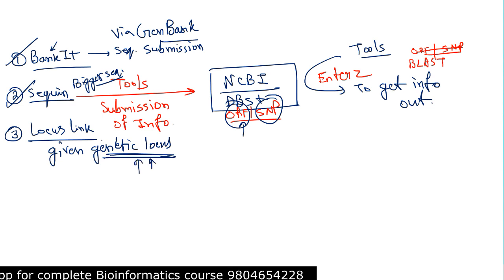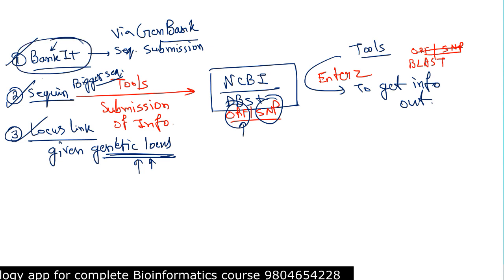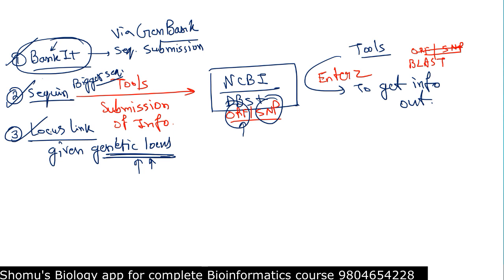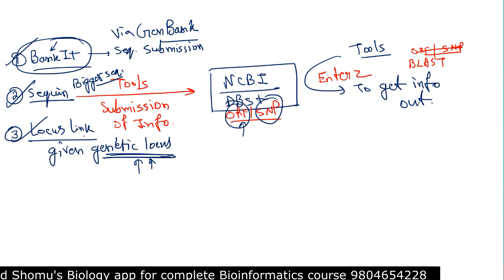If that information needs to be submitted, we'll do that via LocusLink. So they are specialized types. BankIt is for all types if they are simple and easy. Sequin is for the complex type, and LocusLink is for those which carry information regarding a genetic locus. That can be homology specific, nomenclature, or location, gene map locations. All this will be submitted via LocusLink.